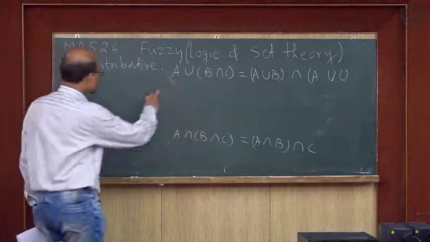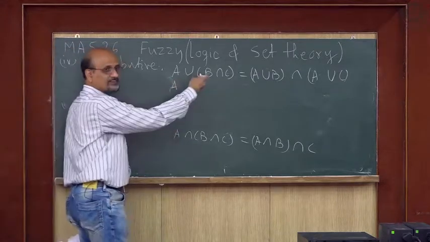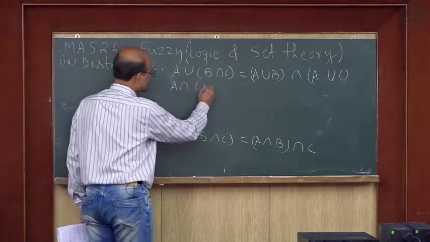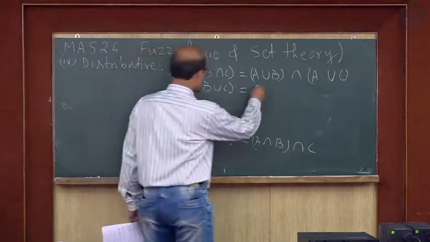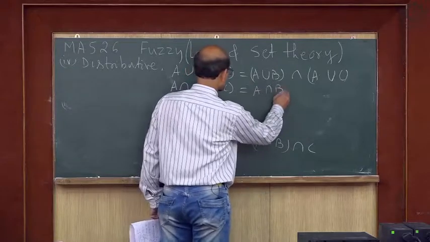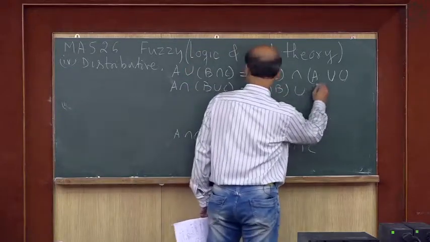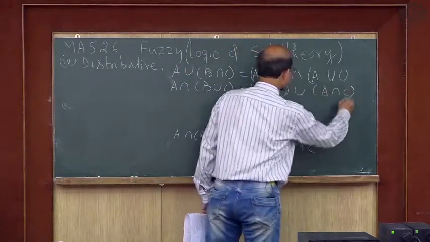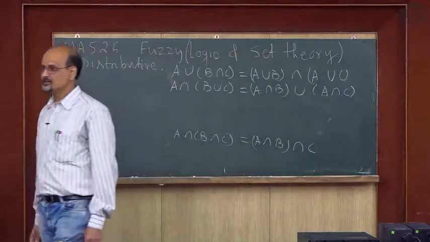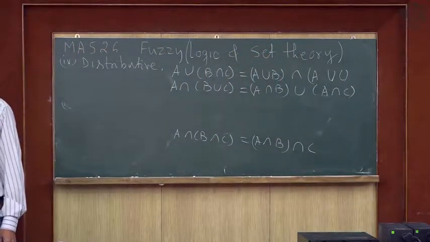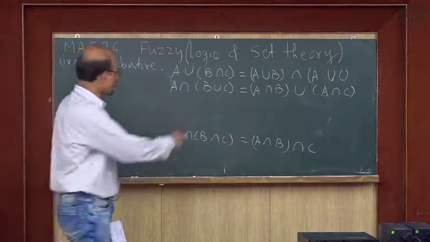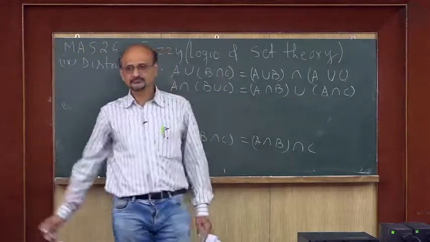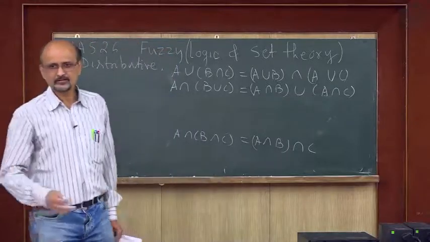So, similarly I can change the union and intersection. I can have A intersection (B union C) is equal to (A intersection B) union (A intersection C). Am I correct? These properties you will see are not valid in fuzzy sets. This equality will not be there. We will see afterwards.